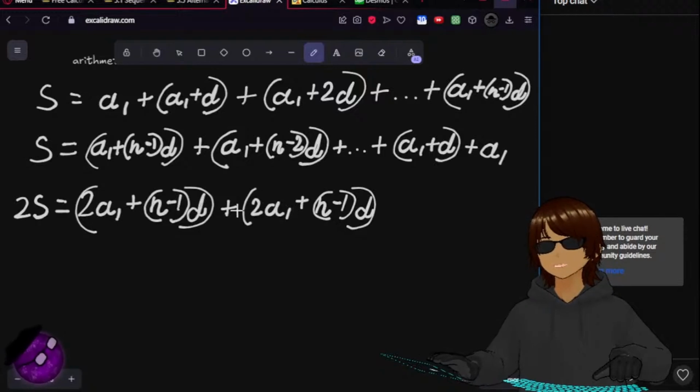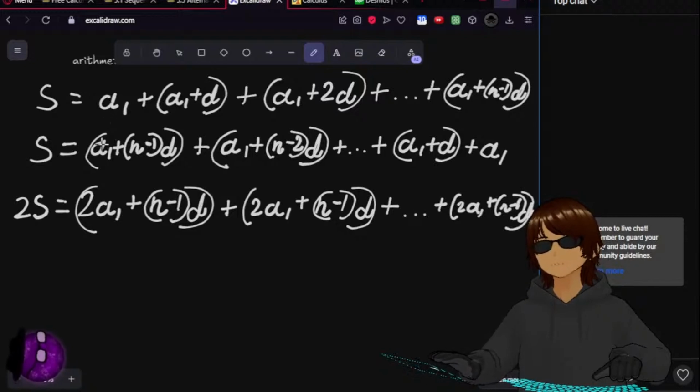Also, you may notice that these two look exactly the same. For the third one, it will also be 2 a1 and then plus 3d, plus n minus 2 d, which will give n minus 1 d. So basically when we are adding them, this plus this, this plus this, and so on, we get the same value being added a particular number of times. This makes sense because a1 is being added twice in each term. We are adding the first and last. It's always going to be n minus 1 d.